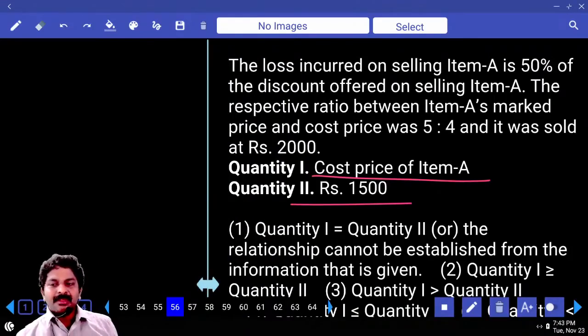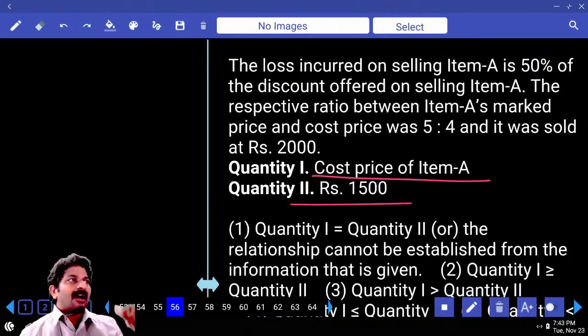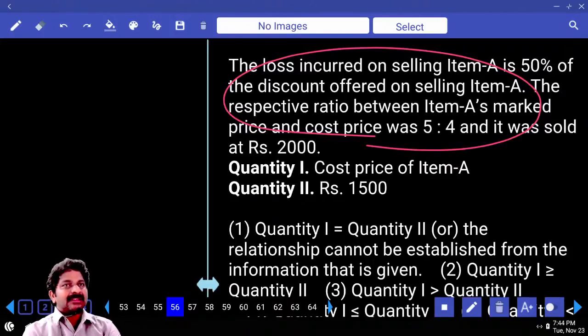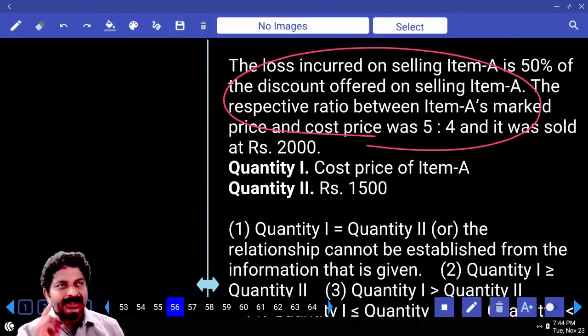You need to verify whether Q1 is more than 1500 or less than 1500 or equal to 1500. According to the data, what is made, profit made or loss made? Come on, what is the selling price? That is given in the last line, 2000. That means cost price must be definitely more than 2000 or less than 2000.